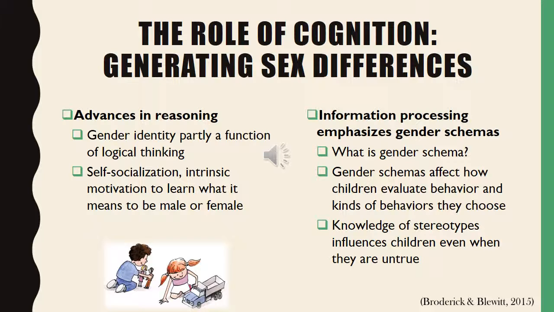So as we begin having more logical thinking and more concrete thinking, our gender identity really solidifies. And then with self-socialization, when we observe others interacting, we really develop an internal motivation to learn what it means to be male or female, and then to mimic those behaviors.